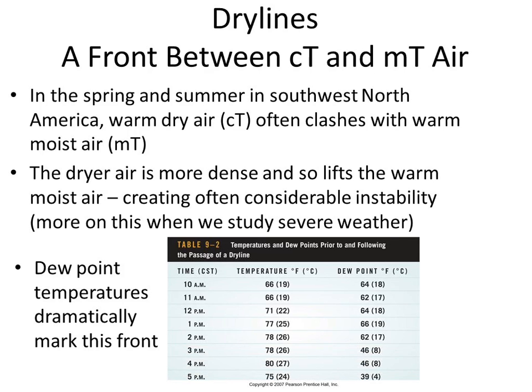These are the surface temperatures: 66, 71, 77, 78, 80, 85, 75. Pretty warm. But what changes is right here. Look at your dew point temperatures. It went from 62 to 46. At 3 p.m., you have to lower the temperature from 78 to 46 in order for it to condense. What does that mean? It means your air is pretty darn dry. So right there is the passage of a dry front.